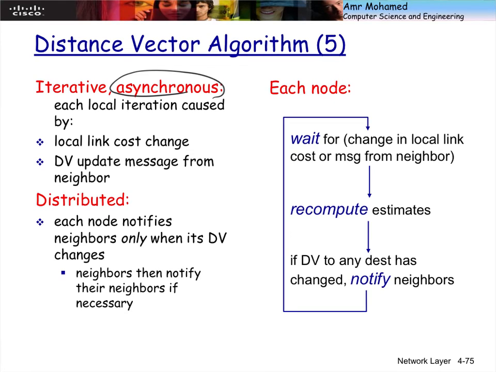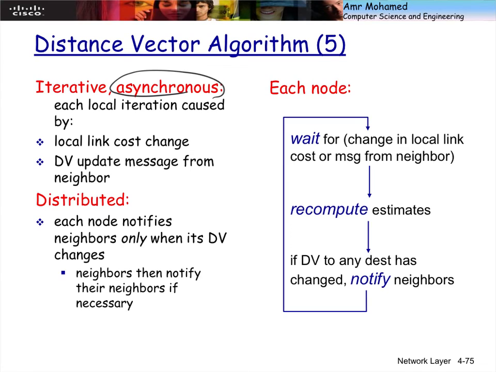I can decide at any moment based on receiving the vector of distances from one node, or from two nodes. Okay? But Bellman-Ford guarantees that you will always improve. You will always go through improvement and you will never go through degradation. Which is a very nice feature.